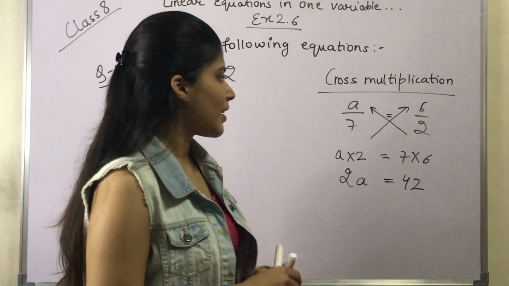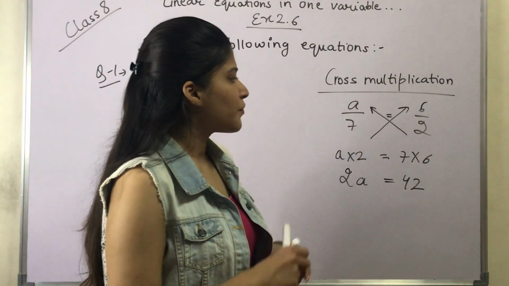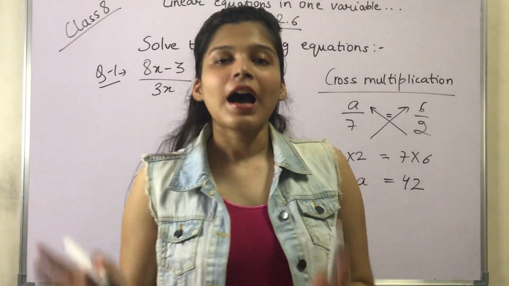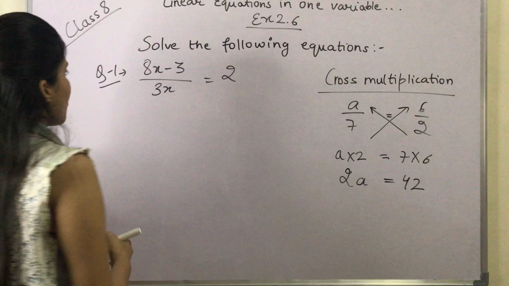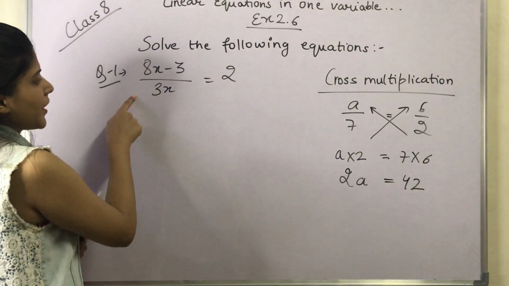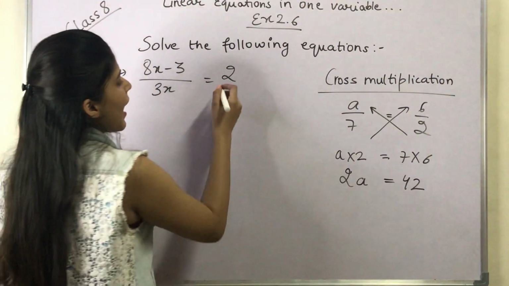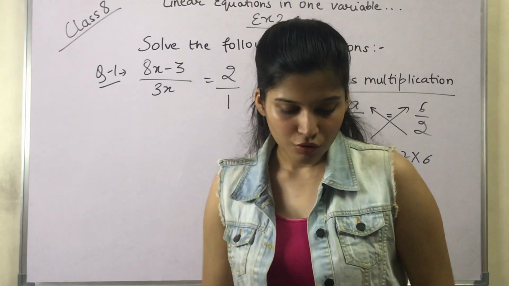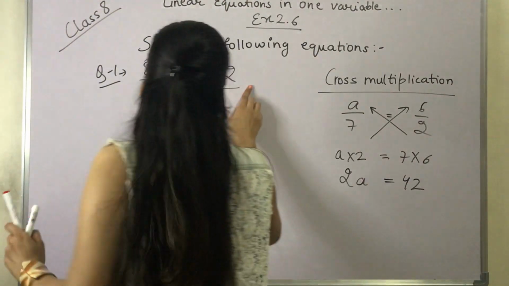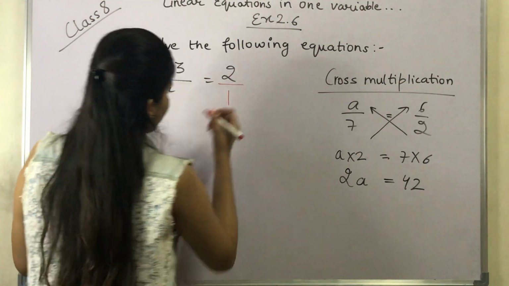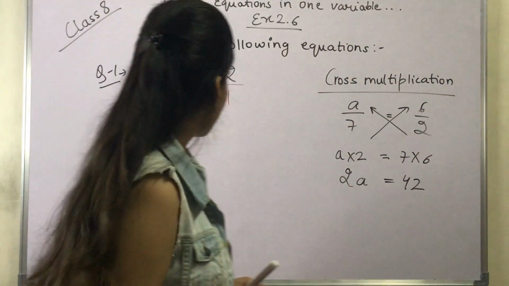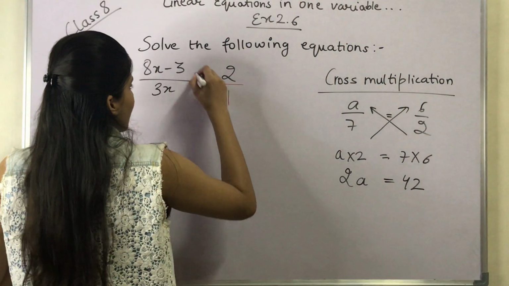So this was cross multiplication, in which we multiply the numerator of one number and the denominator of the other. In this question also we can see we have numerator and denominator, and the denominator of 2 can be written as 1 always. Now we have to cross multiply the numbers.